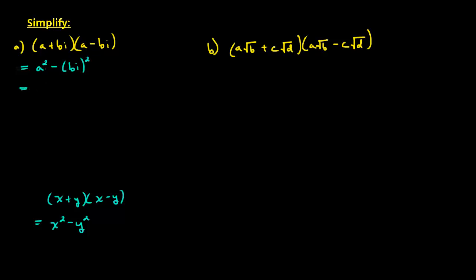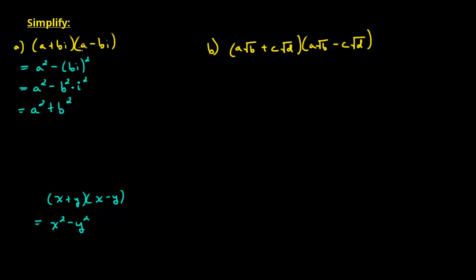And here, if I simplify this, I can't simplify a squared, but I know that (bi) squared is the same thing as b squared times i squared. Well, i squared is just -1, so I'll have a squared minus -1 times b squared, which is the same thing as a squared plus b squared.